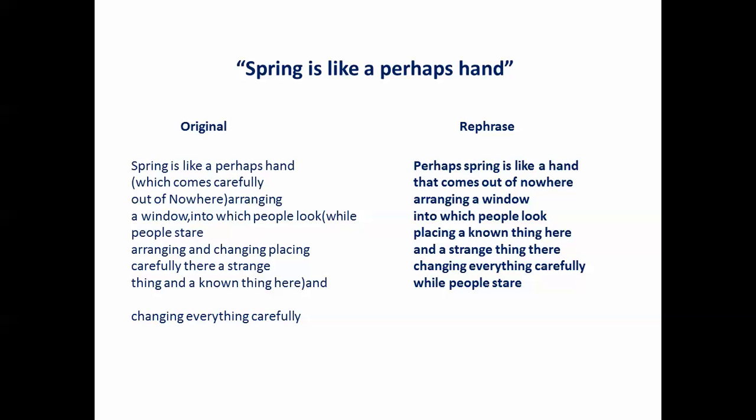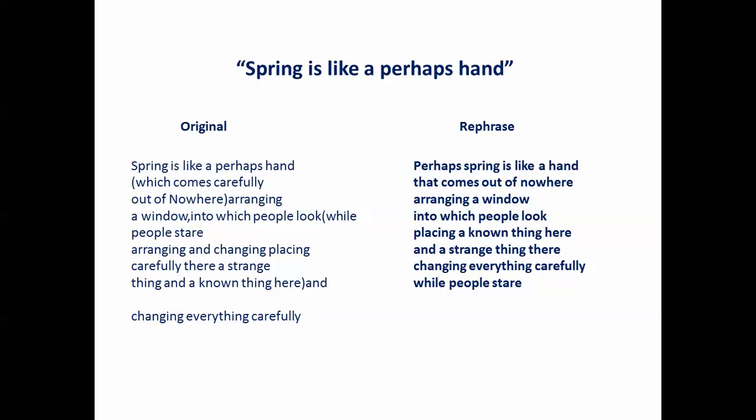He's got 3 ing words in one line: arranging, changing, placing. Those are all synonyms, but they aren't identical. He uses carefully 3 times in that first stanza. It's the only word that is used 3 times, suggesting something about the nature of spring. In my rewording, I only use carefully once. The emphasis is subtly changed.